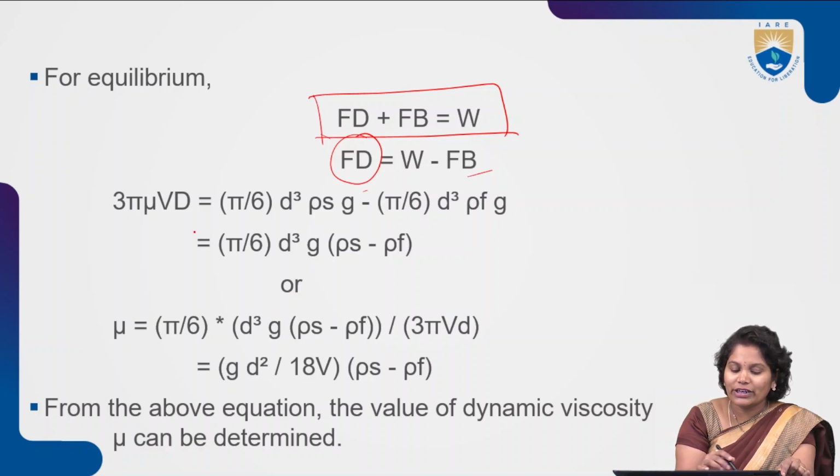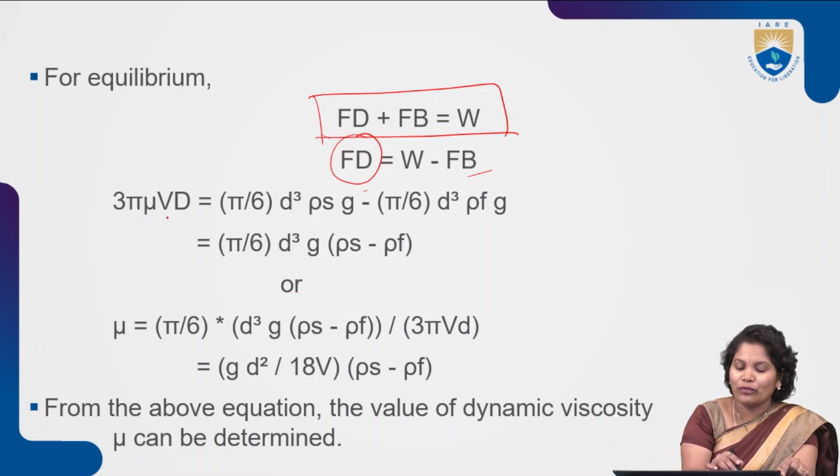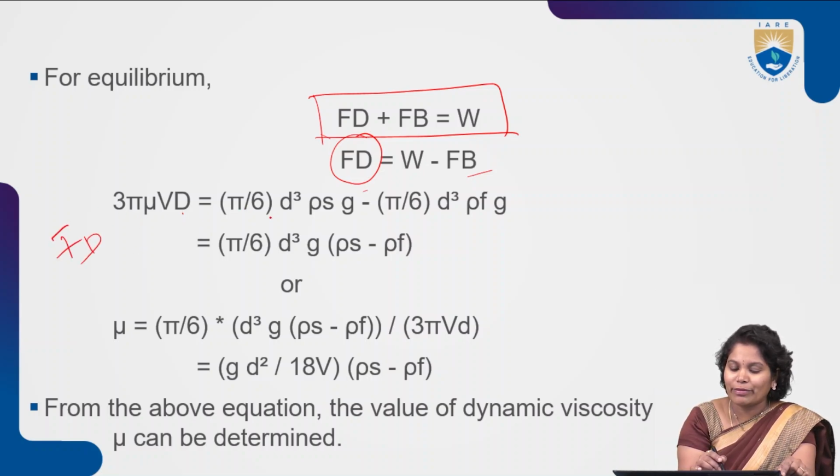We know that the drag force Fd is 3 pi mu V d. So drag force is equal to pi by 6 d cube, density of the sphere into g, minus pi by 6 d cube, density of the liquid into g, right? This is the liquid whose viscosity we are going to find.